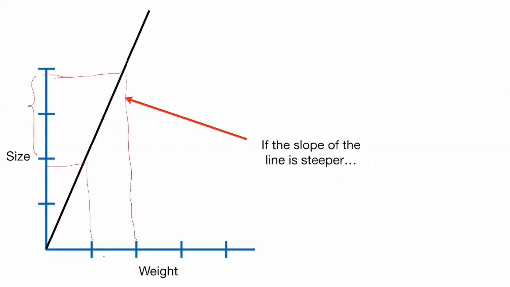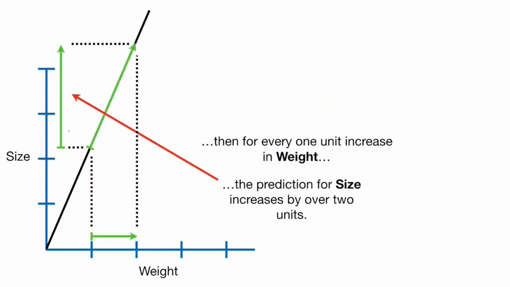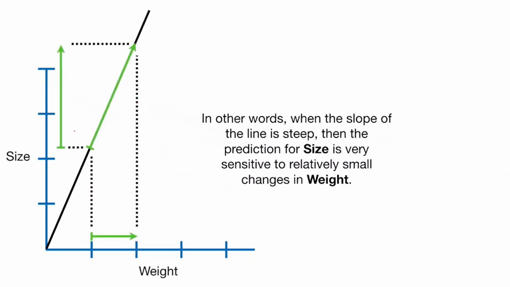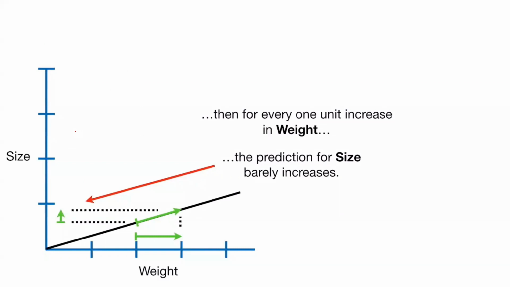See, with this much change, you have a huge change in the size, which is obviously not good, right? So as and when you make the line less steeper, the changes are also less.